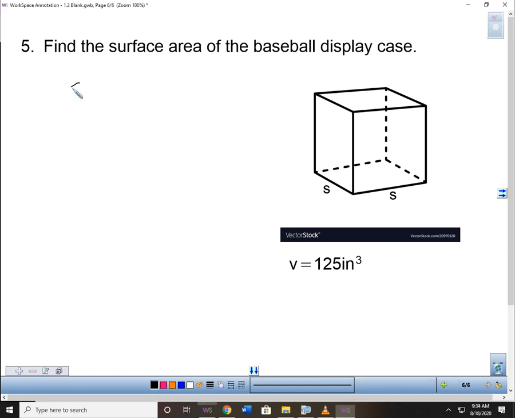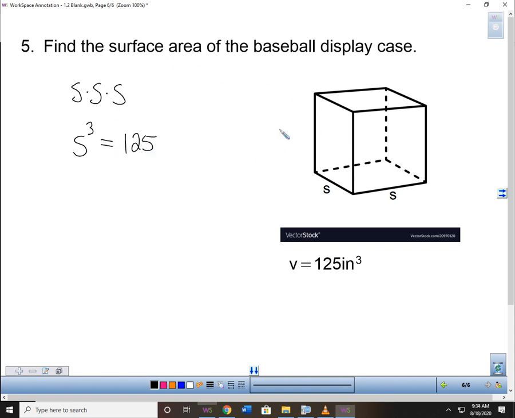So if I have S times S times S, how can I rewrite that? S to the third, right? And that's my volume. So, I mean, if this was a 4 times 4 times 4, so equals 125, right?